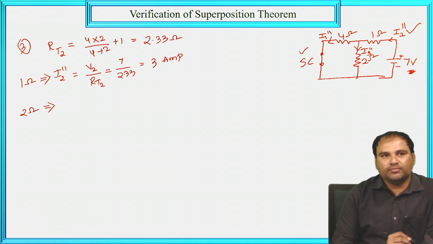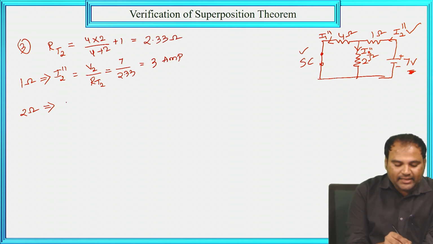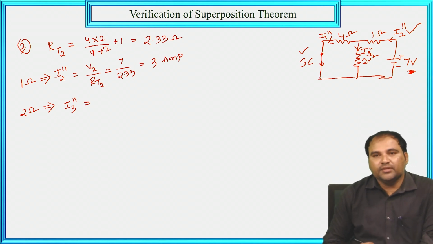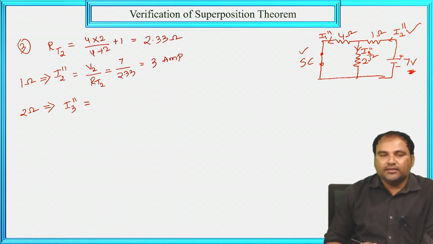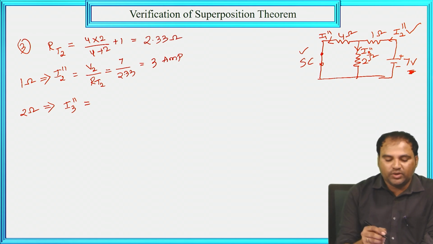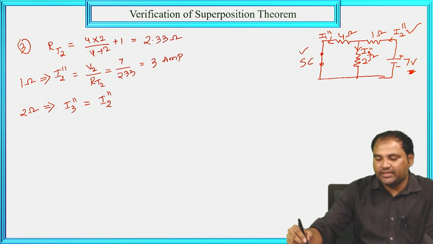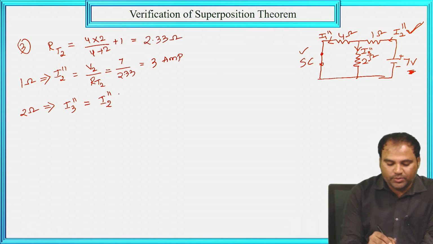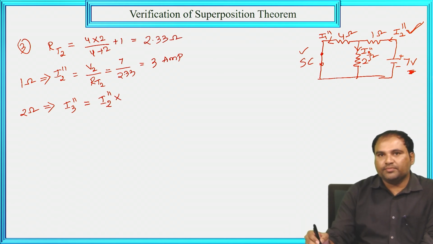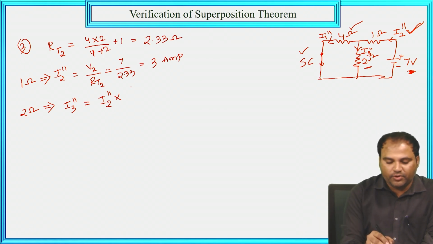Current through 2 ohm is I3 double dash. Here also we have to apply the current division rule. So I3 double dash is equal to the total current of the circuit, which is I2 double dash, into the opposite element. At the 2 ohm, the opposite element is 4 ohm, that is 4 divided by 2 plus 4.